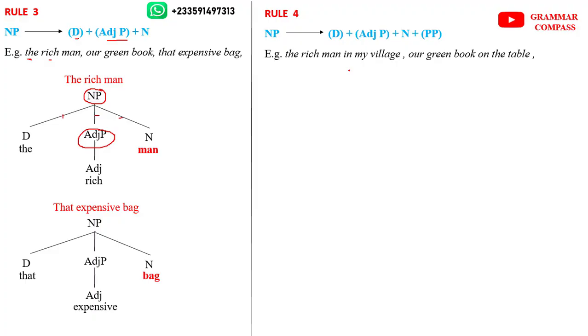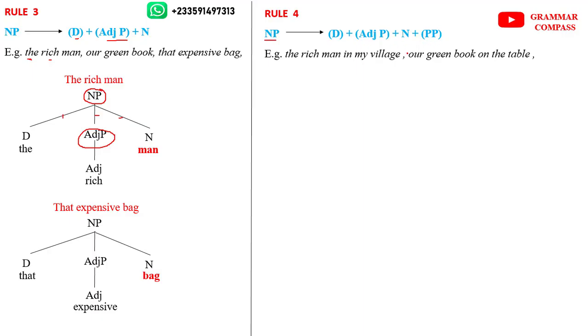Now that we know how to read the rules, let us read the rule that we have here. You can be given a noun phrase that consists of a determiner, an adjective phrase, the noun, and the prepositional phrase. Why are these in brackets?